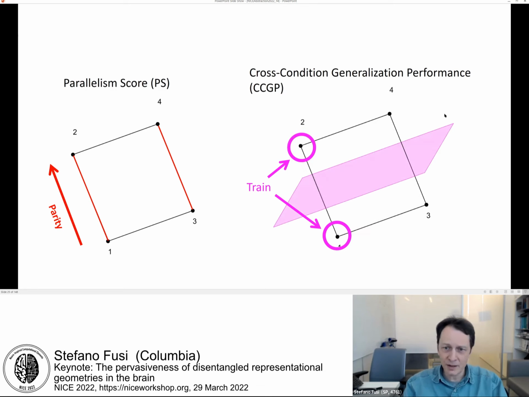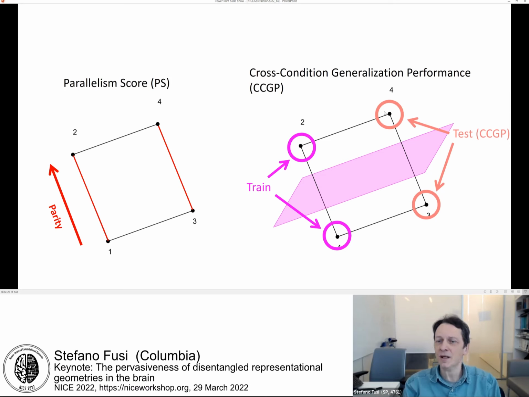You can find this hyperplane, and this hyperplane would work right away in this other case, okay? So for the large digits. So you're going to test it on the large digits. So this decoder has never seen the large digits. So these are completely novel digits. And it's a typical interesting situation for generalization. And if it's above chance, it means that there is some underlying nice low dimensional structure that allows you to do that. Because for instance, in the tetrahedron, this would not work. It would be really a chance value.